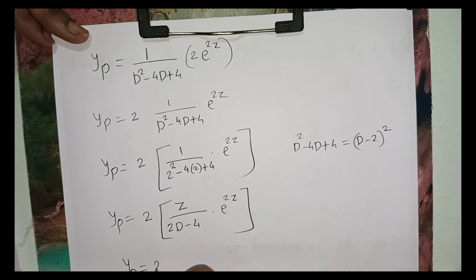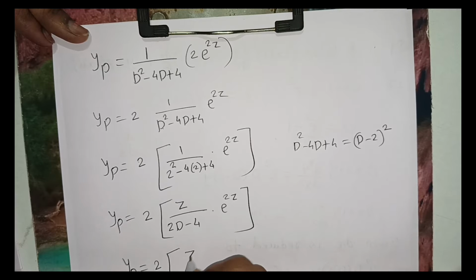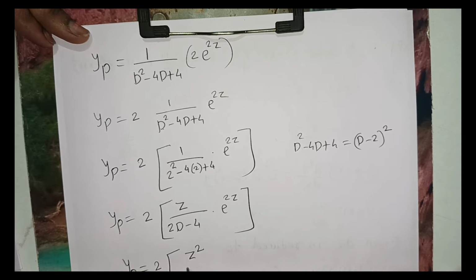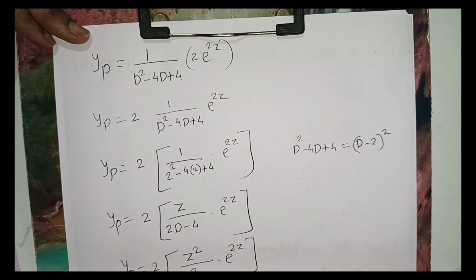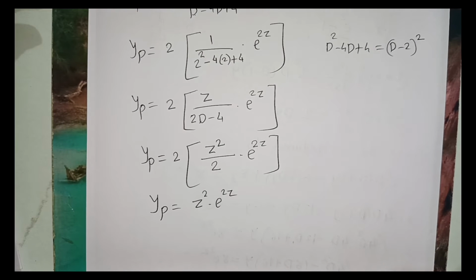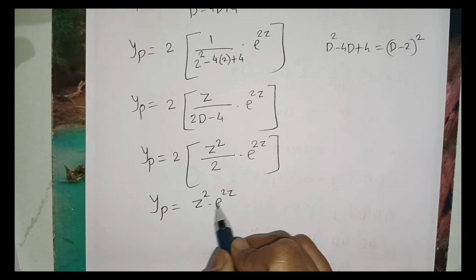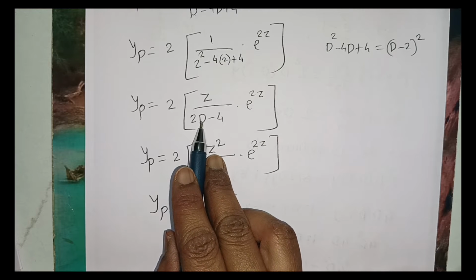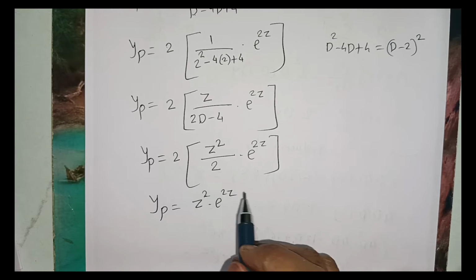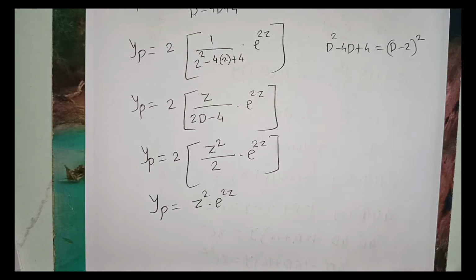So it is equal to 2 times z squared: increase the power of z and take the derivative of the denominator. It will be 2 e raised to 2z. So yp is equal to z squared e raised to 2z. Why are we taking z squared? Because again replacing D by 2 will give you 0 in the denominator. So yp is equal to this.